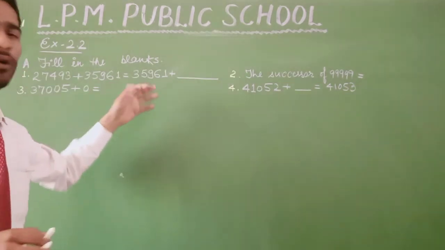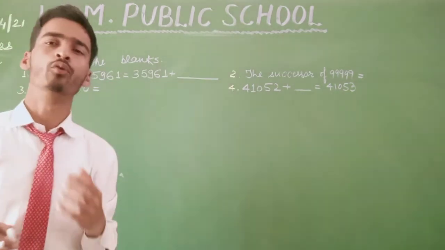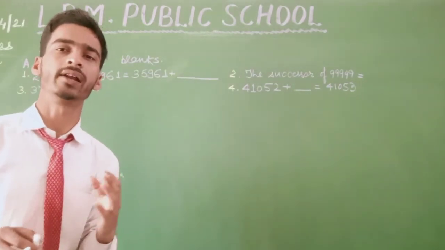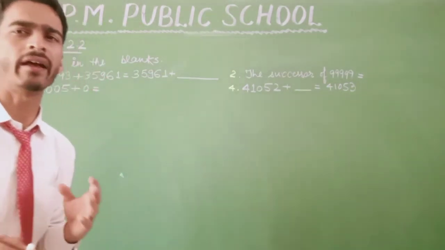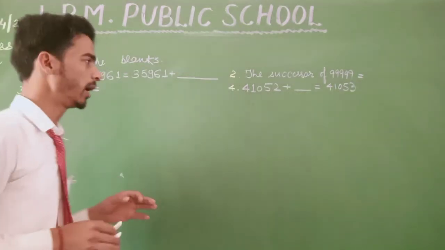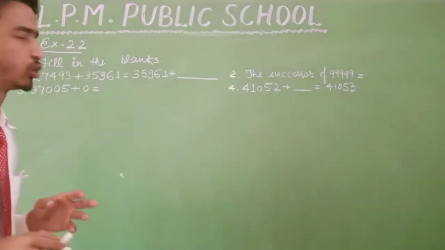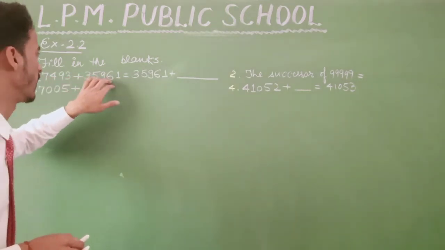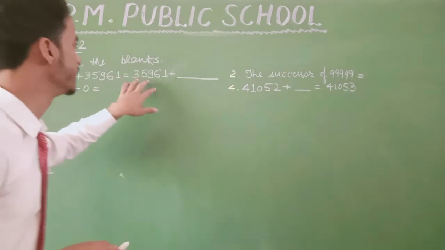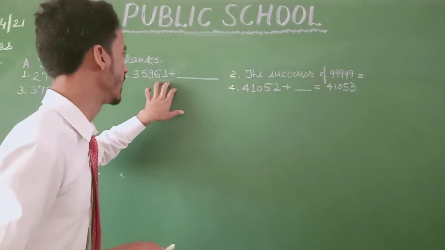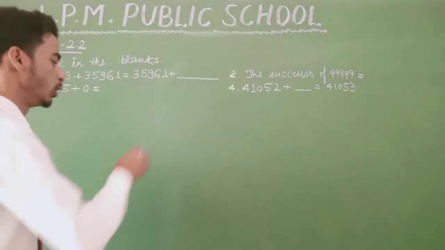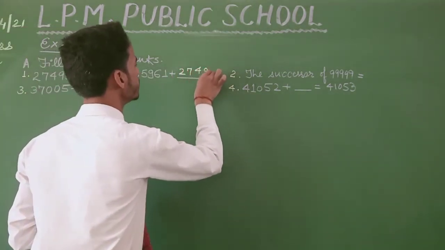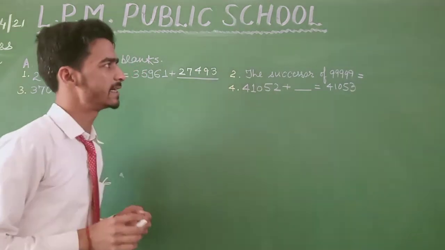You know that when two numbers are added in any order, their sum will remain the same. So we can add these numbers in any order. So we can say that 27,493 plus 35,961 is equal to 35,961 plus 27,493.